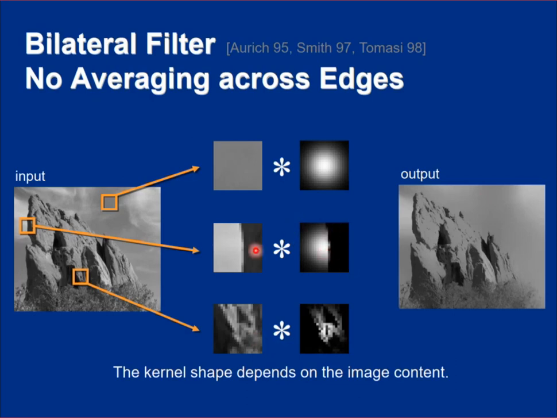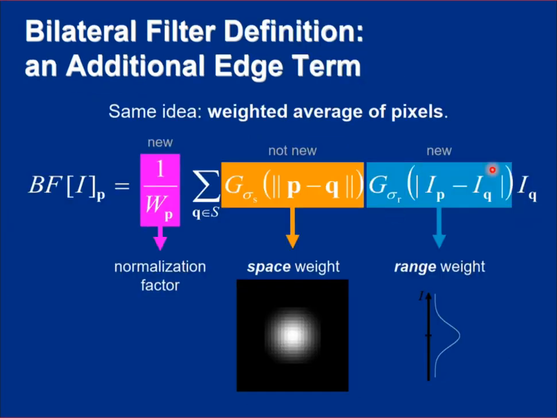Then they calculate every pixel in the filter to see the difference of intensity. This is a term. If the pixel at the center is very different from another pixel nearby, then the intensity difference will be very large. When the intensity difference is very large, then the Gaussian value will be very small.